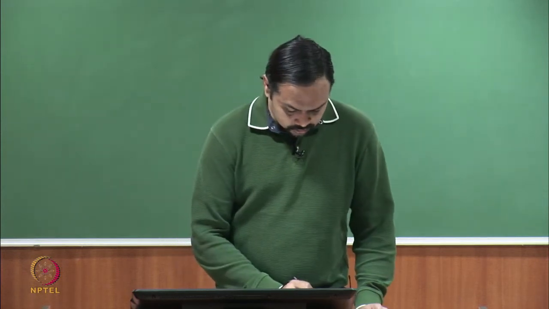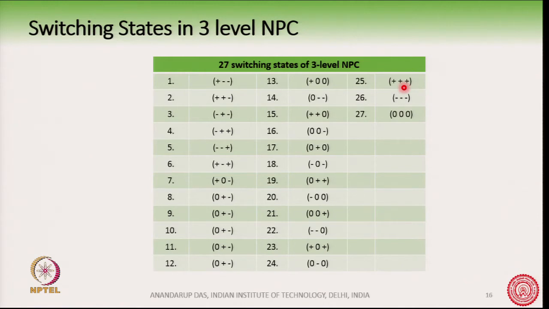These 27 switching states of the 3-level NPC are shown here. You can see that, for example, plus minus minus is one switching state. Plus means the A phase is at Vd by 2, minus means the B phase is at minus Vd by 2, and another minus means C phase is at minus Vd by 2.